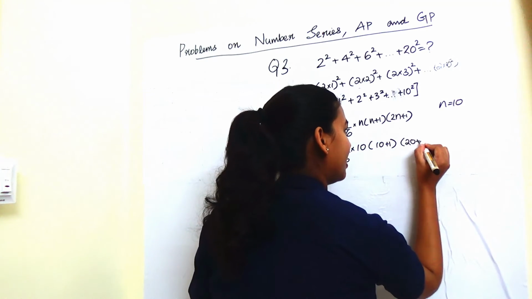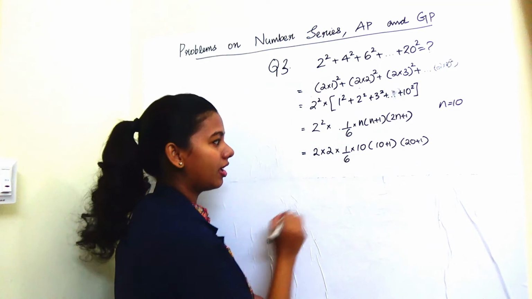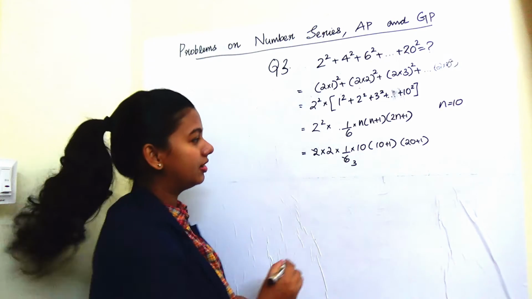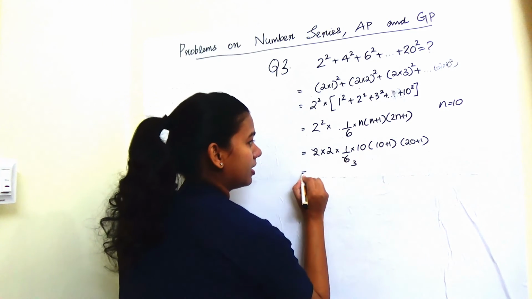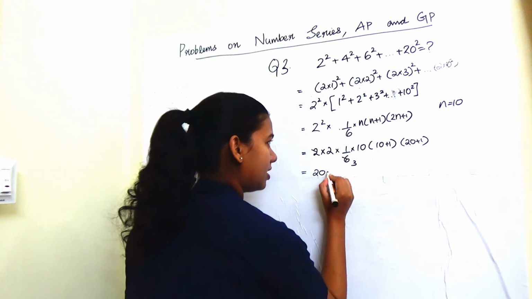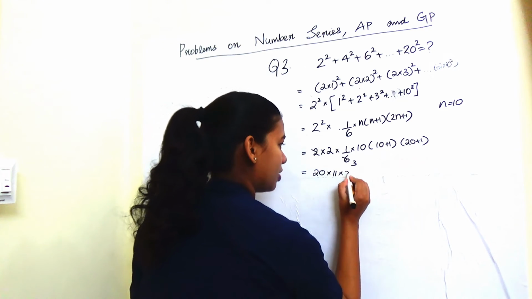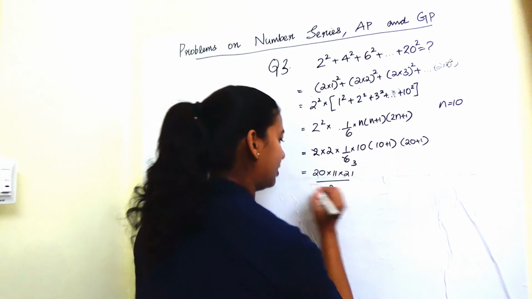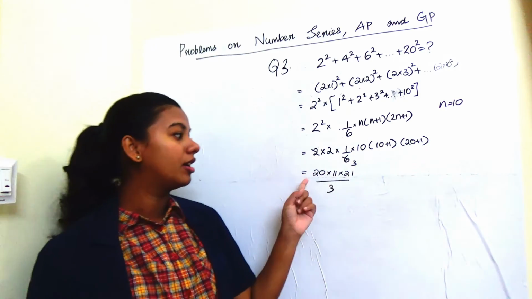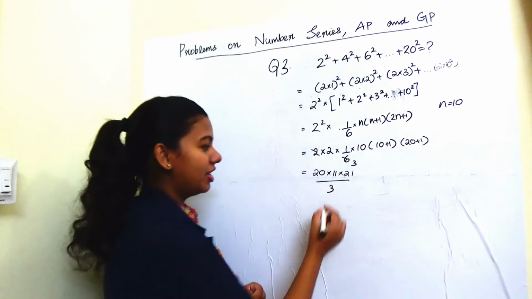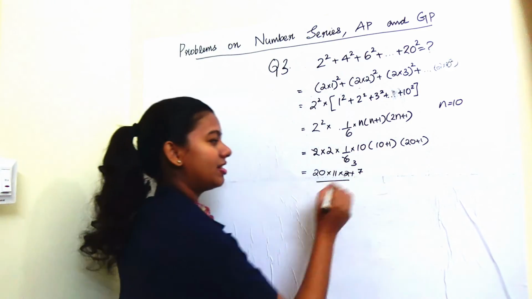So 20 plus 1. Okay, I can divide 6 by 2, I will get 3. Then 2 into 10 is 20. So 20 into 10 plus 1 is 11 into 20 plus 1 is 21 divided by 3. Out of this, which term is divisible by 3? That is 21. So 3 into 7 is 21.